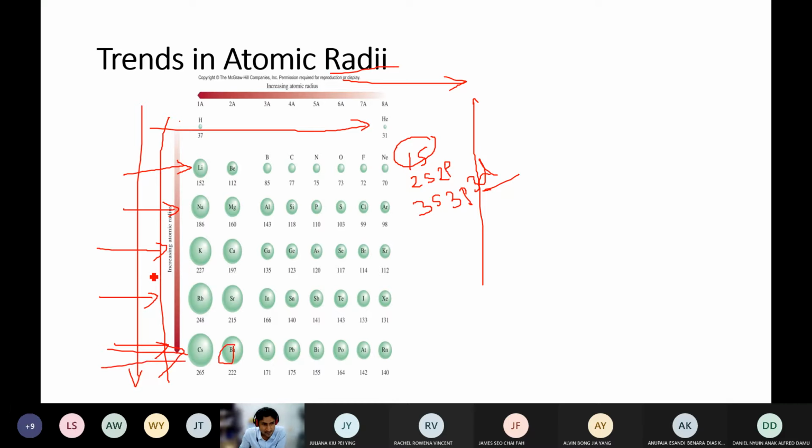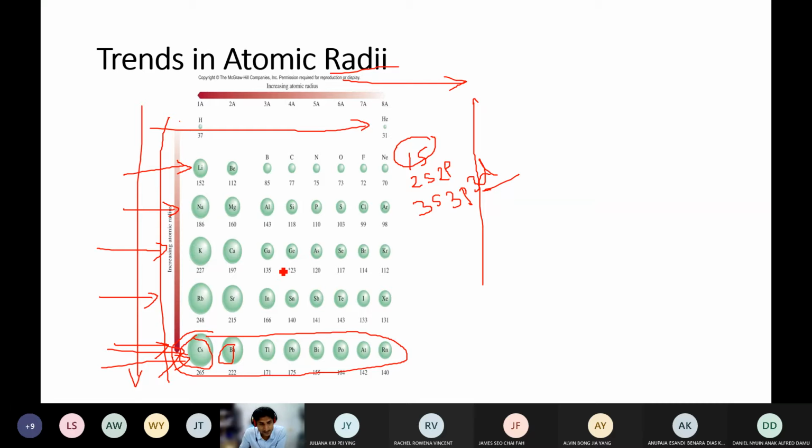Once again, you see that in period 7, cesium, beryllium, titanium, lead. In the same period, cesium is the biggest, and the radius reduces as we go right, even with the same principal quantum number, because as we go right the number of electrons is increasing.